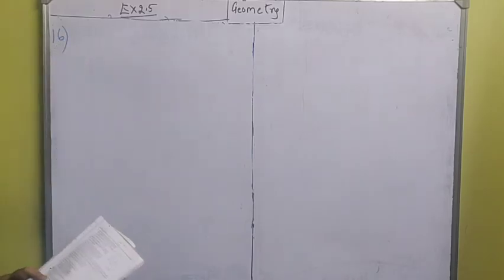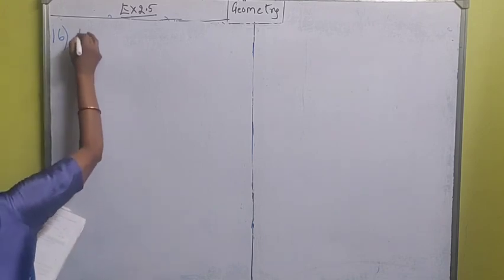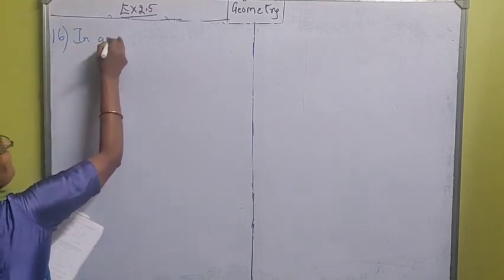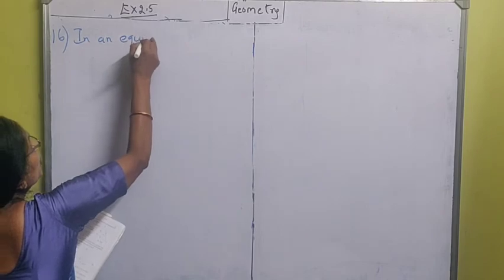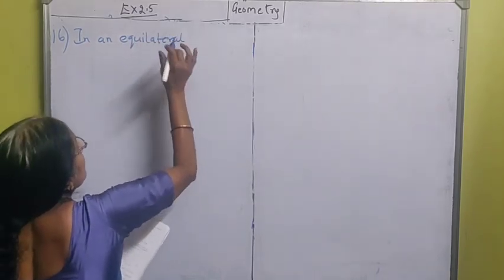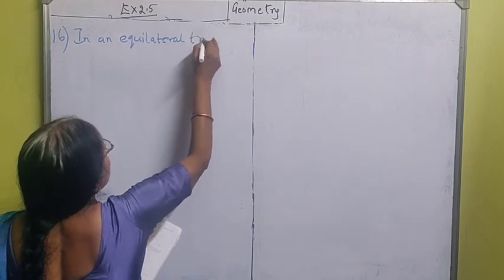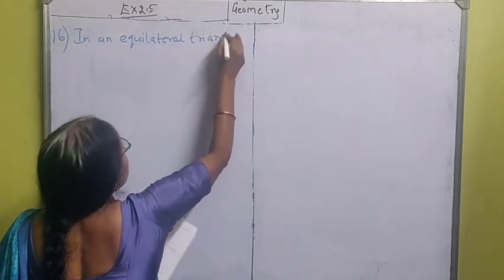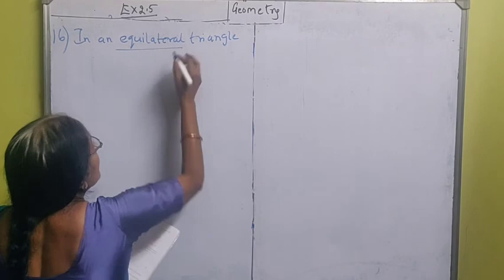What is sum number 16 given? In an equilateral triangle, very important. Which is important? Equilateral.